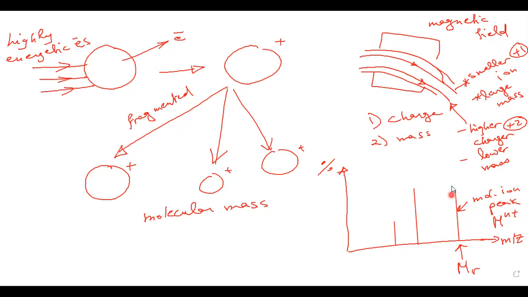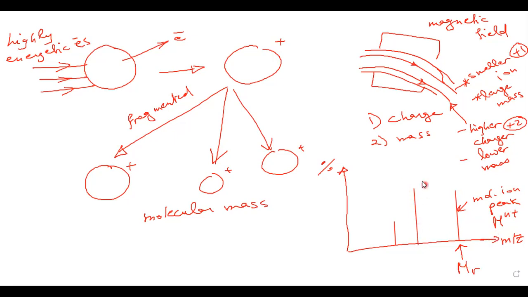The last peak will show us the molecular mass of the bigger ion, the one at which the molecule only lost an electron and formed a positive ion. This one will show us a peak giving its molecular mass. We call it the molecular ion peak.